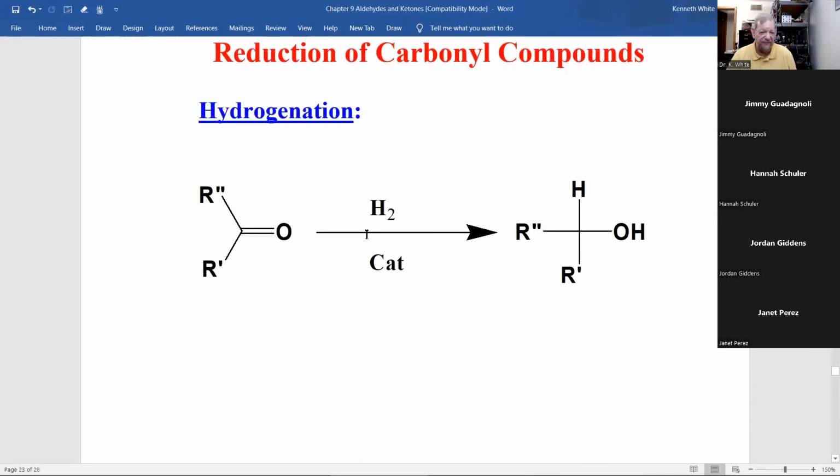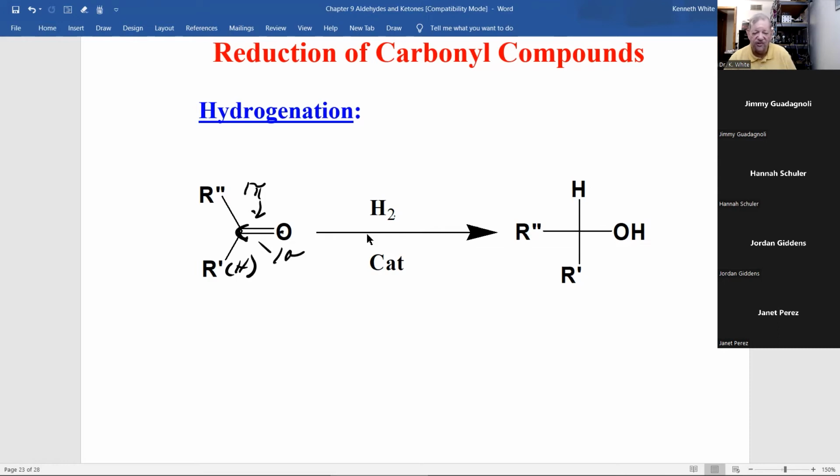To the next one, and that's hydrogenation of a carbonyl compound. Meaning a ketone or aldehyde; if R prime is hydrogen, it's an aldehyde. Now, this is a double bond, and that's a pi bond and a sigma bond, except instead of being carbon-carbon, it's carbon-oxygen.